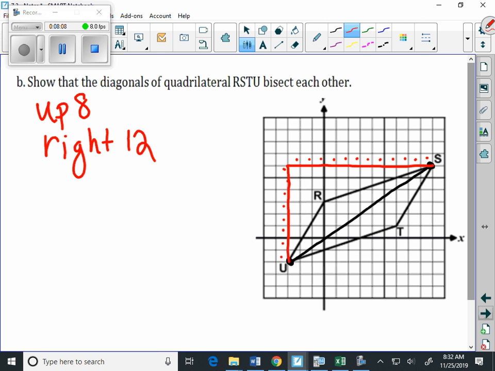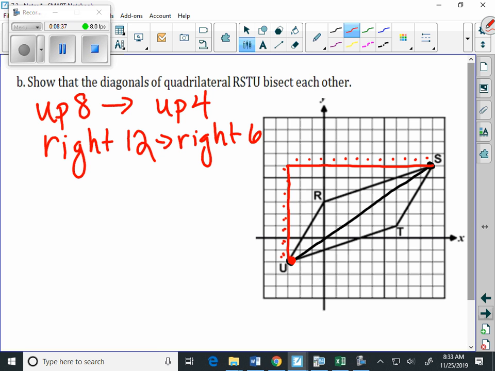So the midpoint is halfway through. So instead of up 8, let's go up 4. Instead of right 12, let's go right 6. 4 is half of 8. 6 is half of 12. Remember, we started at the bottom here, so we're going to go up. 1, 2, 3, 4.